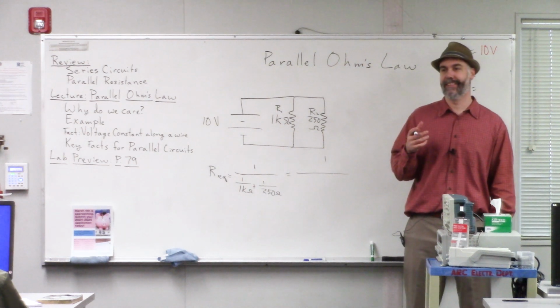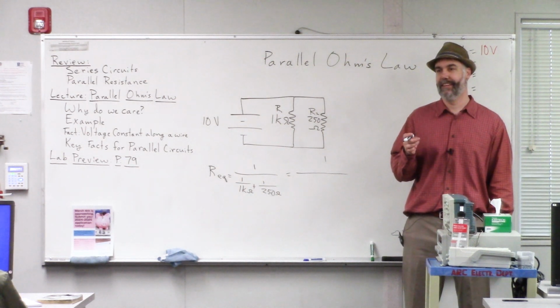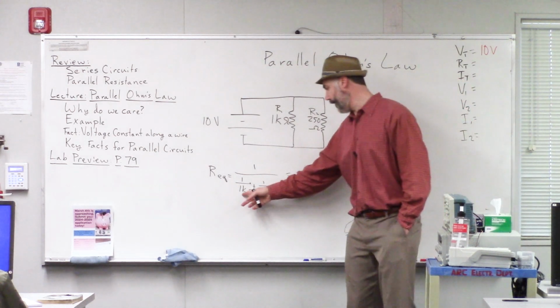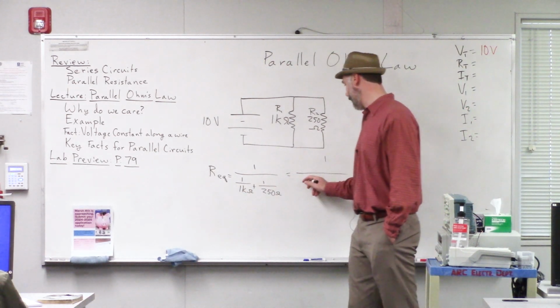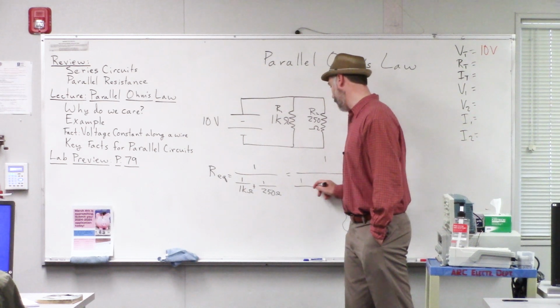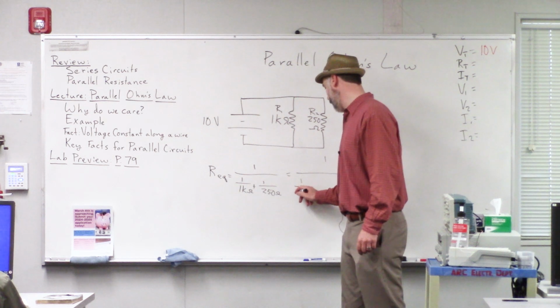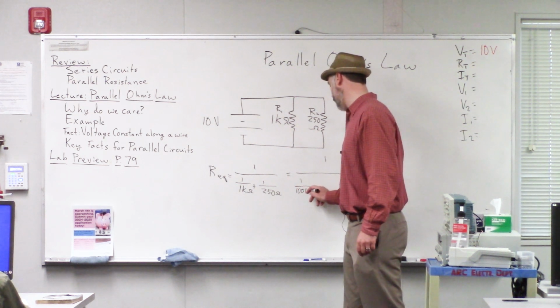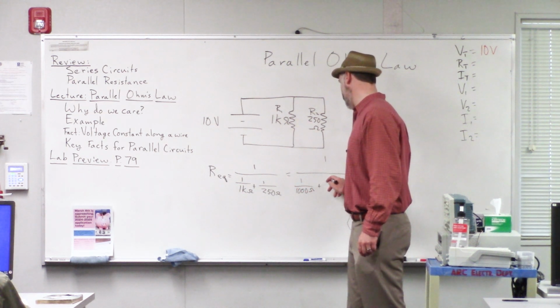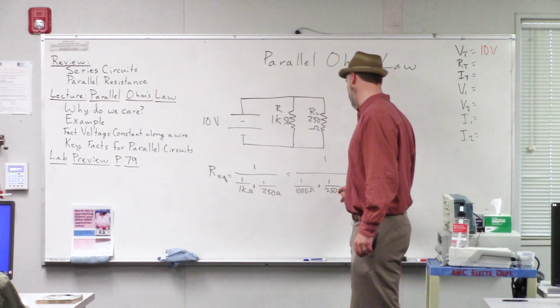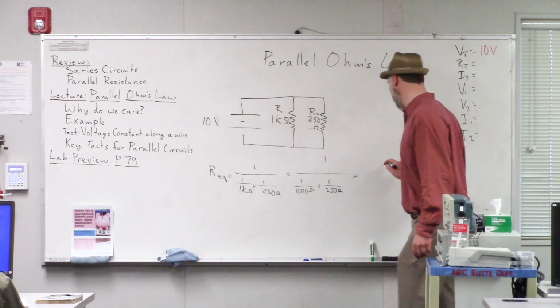We got kilo ohms here and not just ohms. So I have to convert that into regular ohms before I do the math. So that's 1 over 1,000 ohms plus 1 over 250 ohms. So now I can work that out.